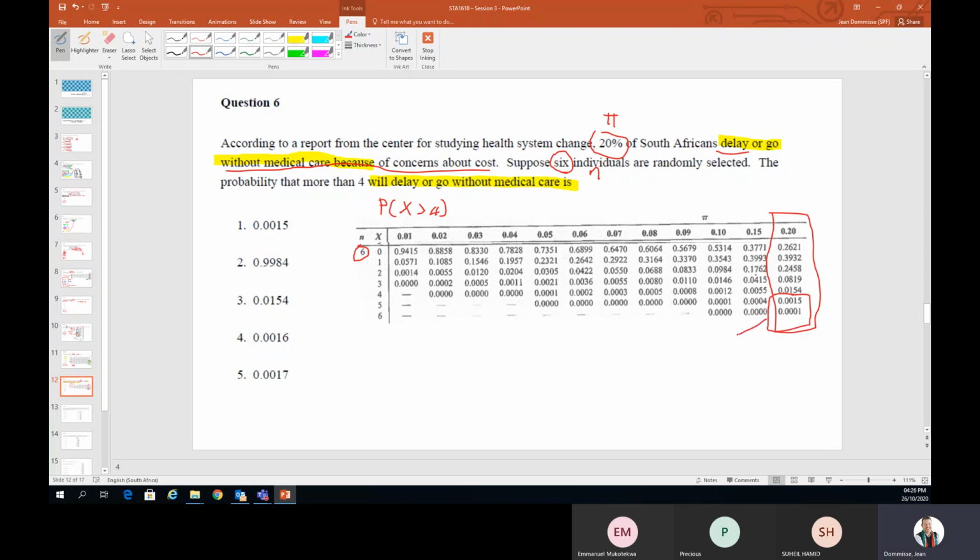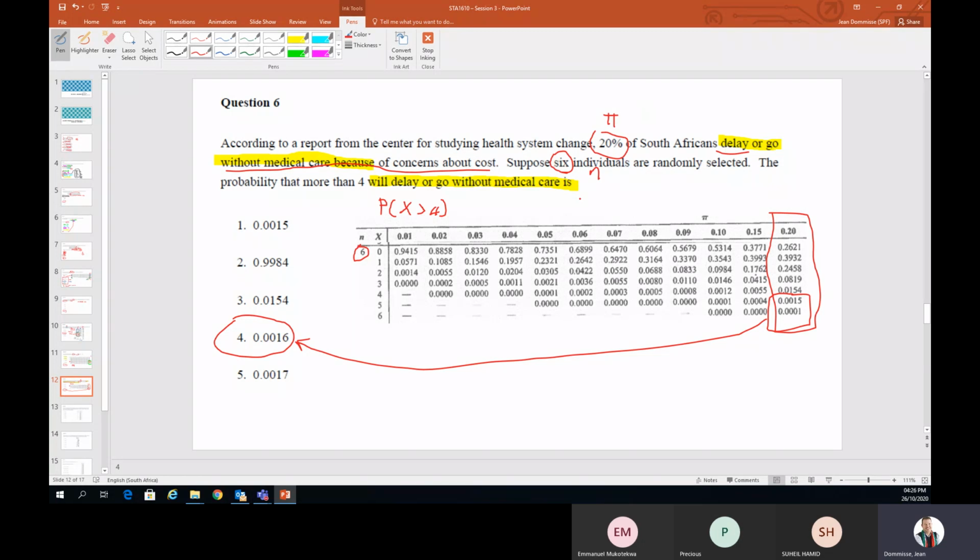So that is again 0.016, which is option 4.